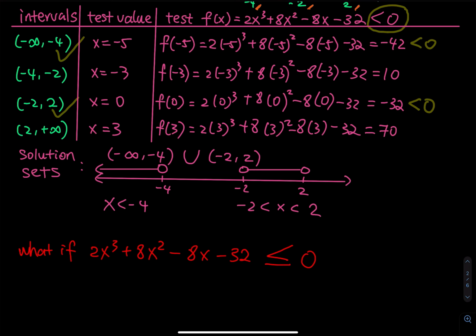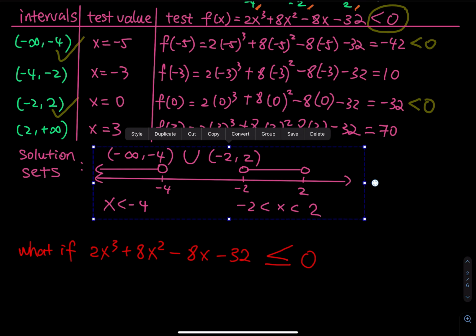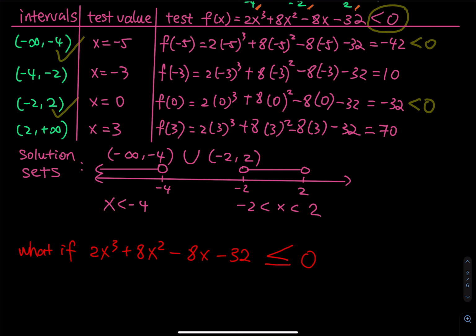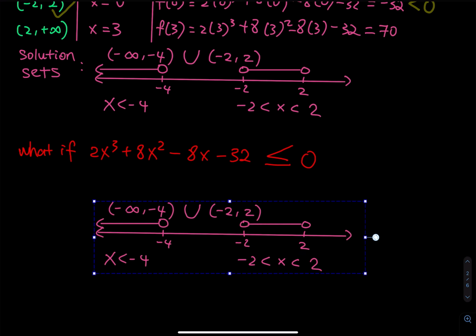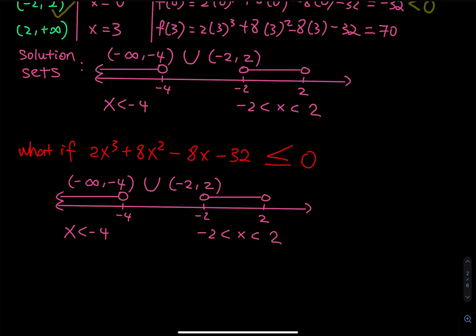What happens when there is an equal? So when there is an equal, everything else is the same, but when you write the solution, instead of writing everything all over again, I will just copy that, paste that over here and tell you what to fix. So since we have a less than or equal to 0, then you have to include the negative 4.